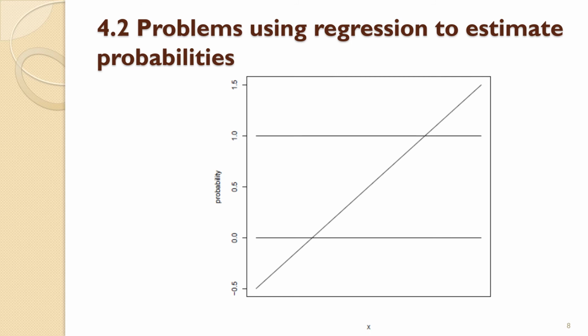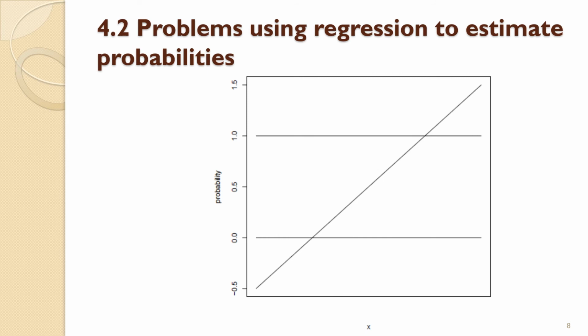And then if you come up with a suitable way of squashing this regression line, necessarily any probabilities that you estimate will lie between 0 and 1, as we would imagine from high school maths. Okay, and all that is happening is that the f function, the link function on the previous slide, is just this way mathematically of squashing this regression line down so that any probabilities that you estimate necessarily have to lie between 0 and 1.